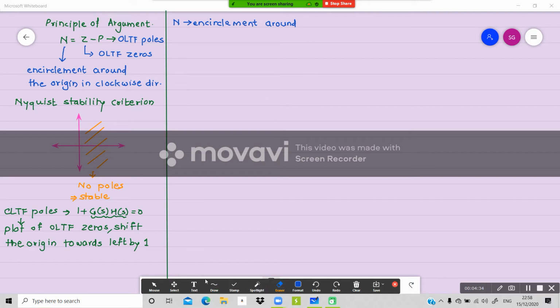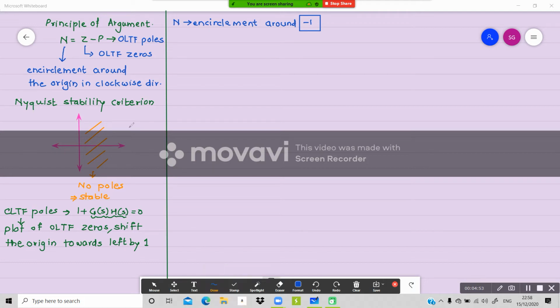So I should make this thing very much clear. -1. This -1 is very, very, very important. Now we'll not look for encirclement of 0 or the origin. We'll look for the encirclement of -1. Clear? Right?